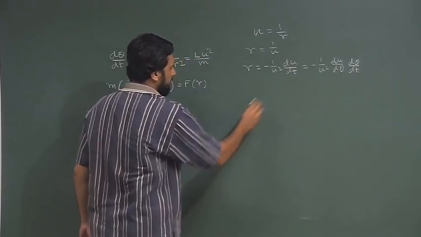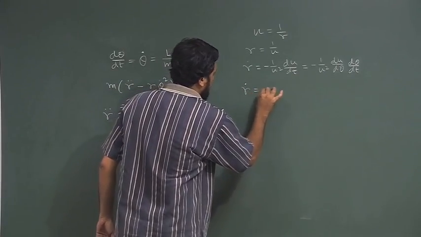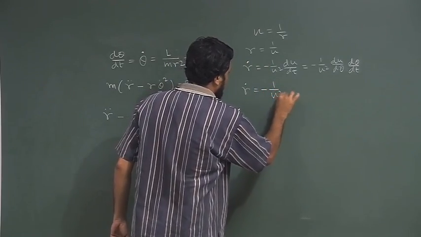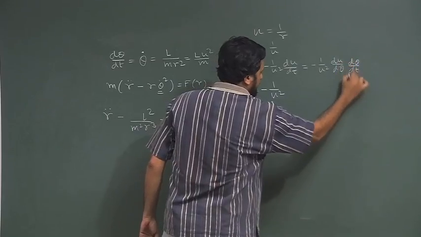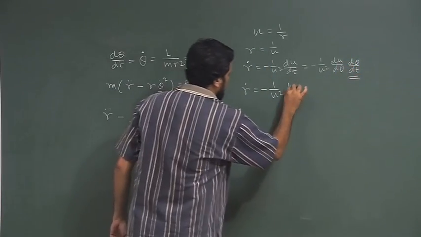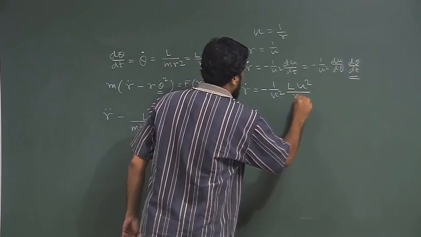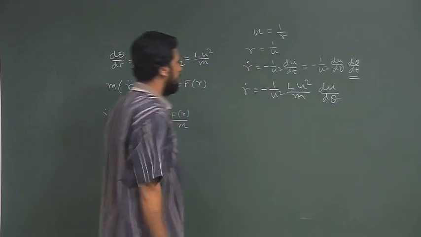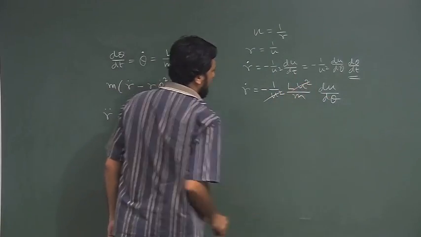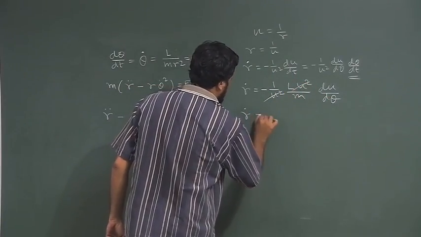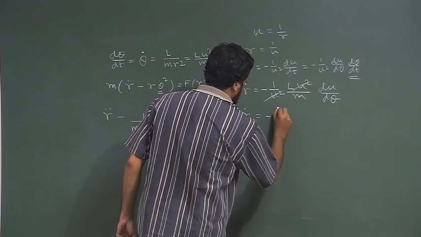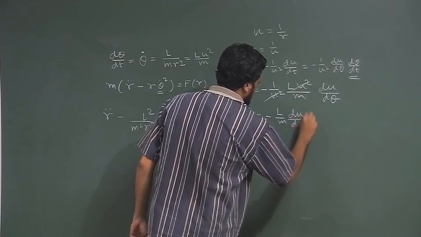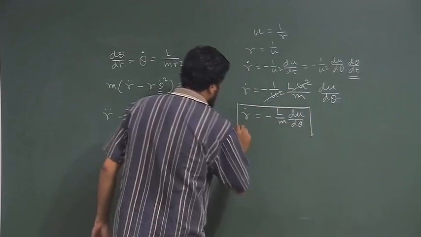So, r dot is minus 1 by u square times L u square by m times du d theta. You see that u cancels out, leaving behind r dot equal to minus L by m du d theta. This is one relation.